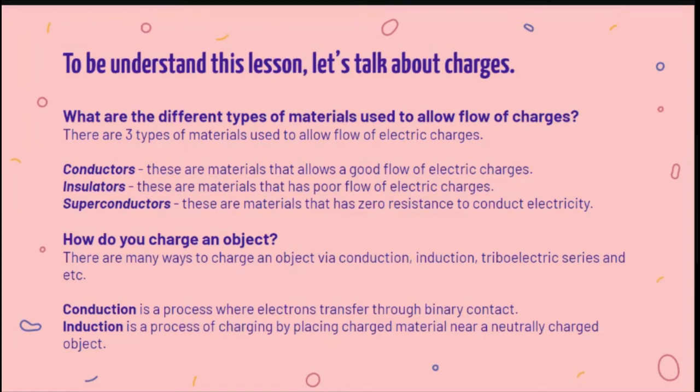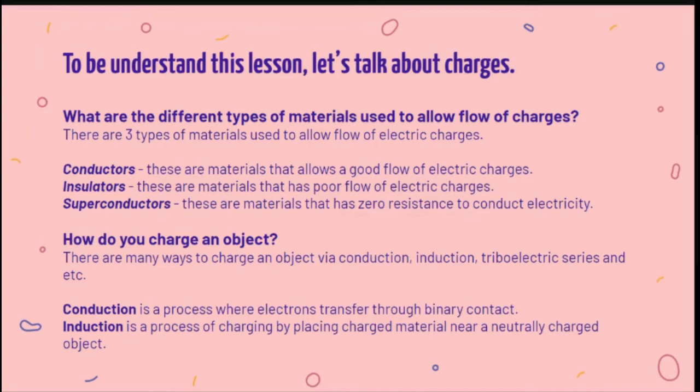The neutrally charged object will become a charged object by means of conduction. Induction is another process of charging or transferring electrons. Induction is where we place a charged material near a neutrally charged object.